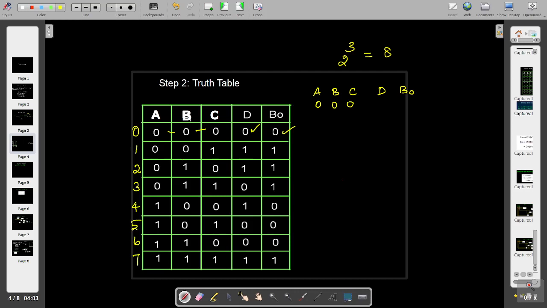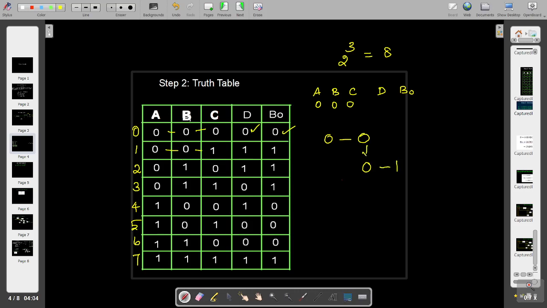Okay, so when you go for this 1, it is 0 minus 0 minus this 1. So how do we perform? The 0 minus 0 will result in the difference of 0. After that you have to subtract this 1 from this difference.